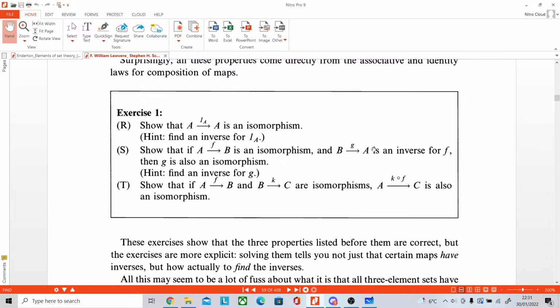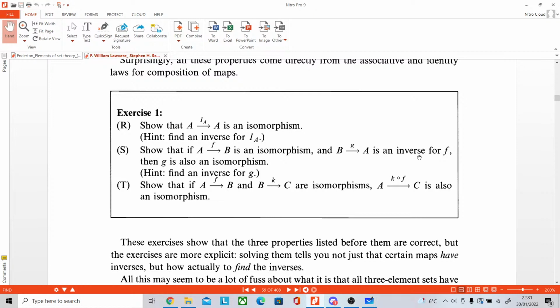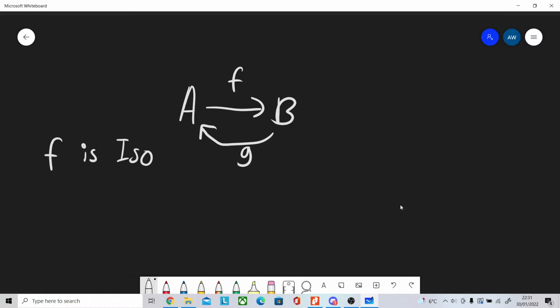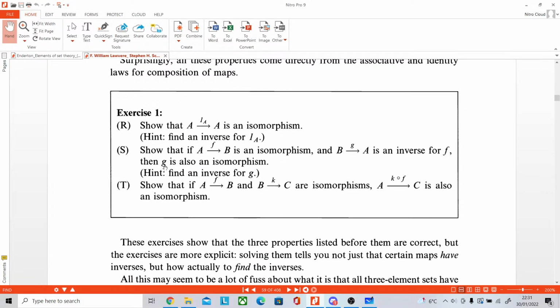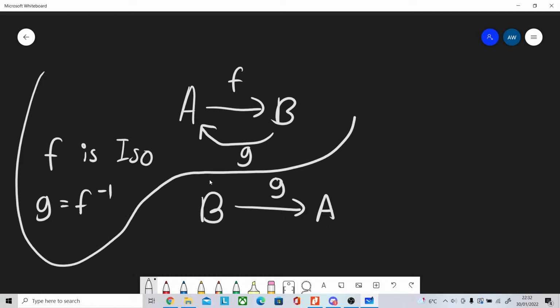And B to A, G is an inverse for F. Then G is also an isomorphism. Okay. So, number one, G goes from B to A. Right. These are the information that we have that we can use.